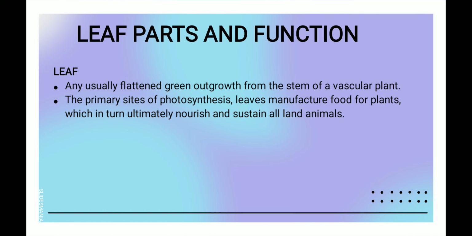So, when we are talking about leaf, this is the singular of leaves. This is any usually flattened green outgrowth from the stem of a vascular plant. This is also the primary site of photosynthesis. So if we go back, the primary or principal function of leaves is to absorb sunlight for manufacturing of plant sugars.